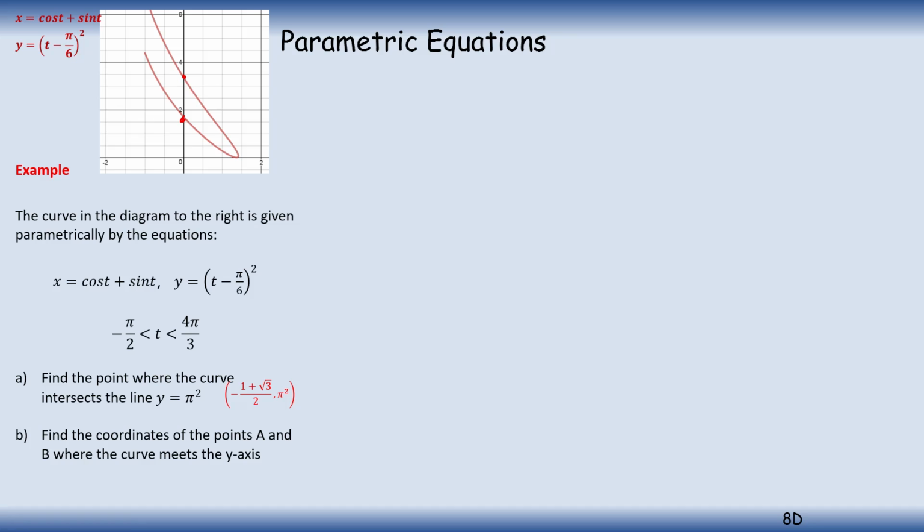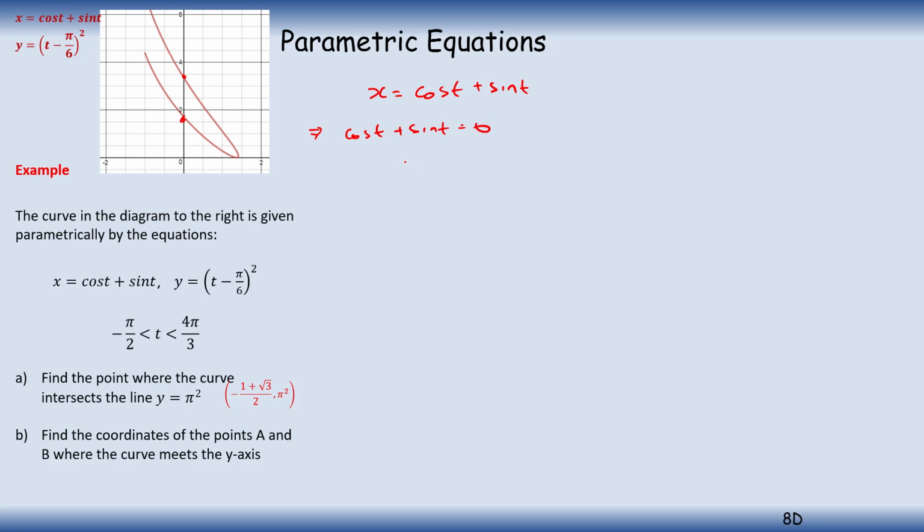So let's get that x equation. What's x equal to? Cos t plus sine t. And where it crosses the y-axis is equal to 0, so that implies then that cos t plus sine t equals 0.